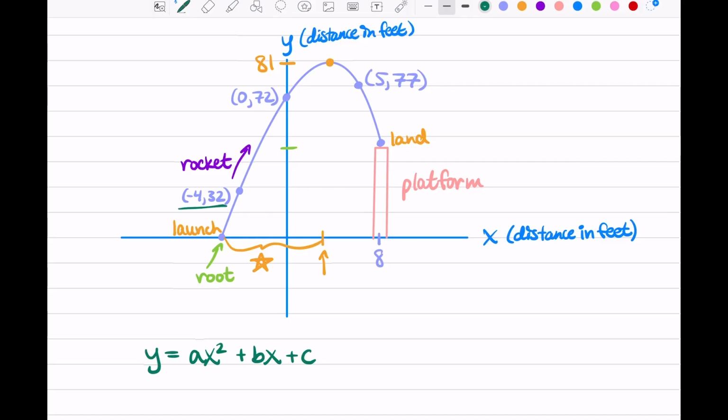Well, we're given some points on the parabola, and we know that every point on the parabola has to make our equation true. So we can plug in those x and y values, and then we'll just have a, b, and c, and we can try to solve for them. So let's try plugging in this point up here, (0, 72). So our y value is 72, and our x value is 0.